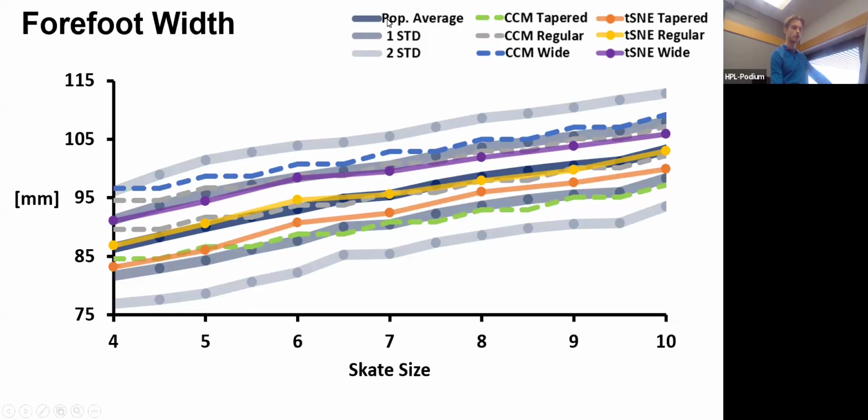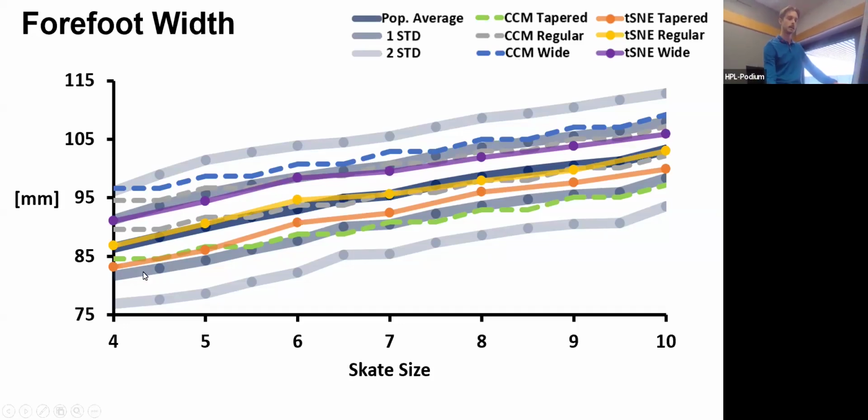In the transparent ones we have the population, and the points represent the TSNE fits. Here you can see that the TSNE fits, what I've created, fall at about 1 standard deviation. And honestly, not too far away from where the CCM regular and wide are, but a little bit narrower bands, if that makes sense.